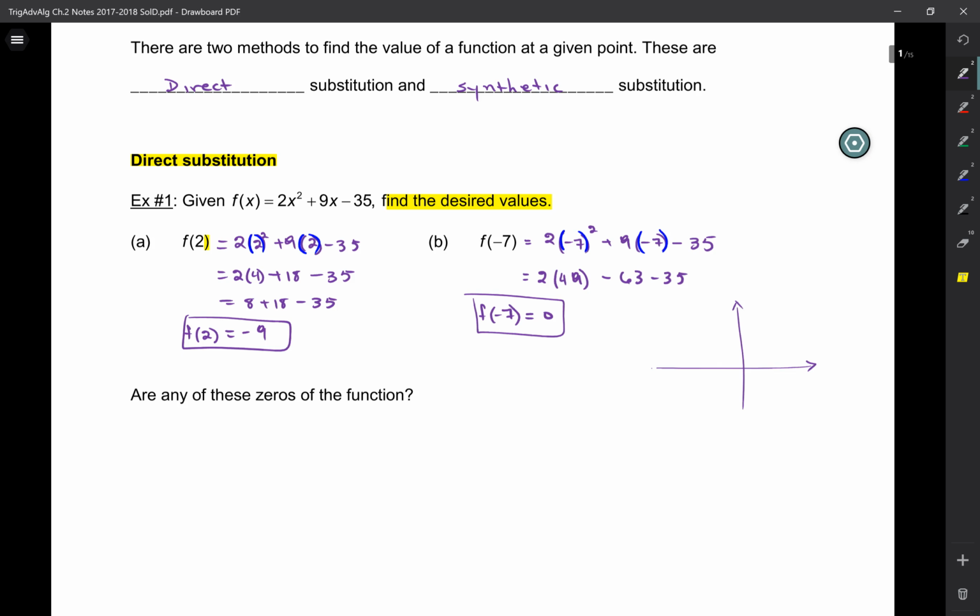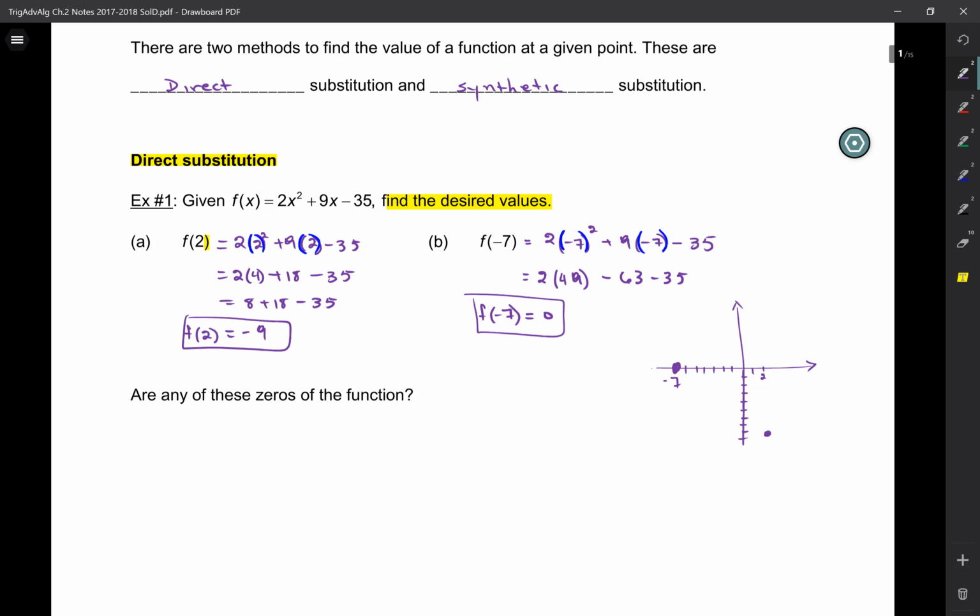That means when x equals 2, y is negative 9. Here. Okay? When x is negative 7, how much is y? 0.